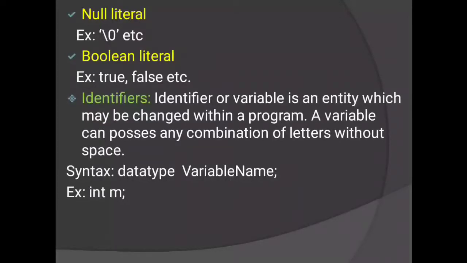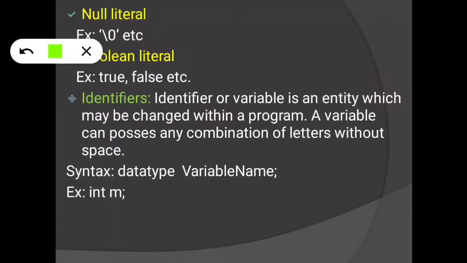When we want to declare a variable, it will be a single word, and it always begins with an alphabet or underscore. The syntax to write the variable is data type, space, variable name. For example, int m. It is the format to declare a variable.